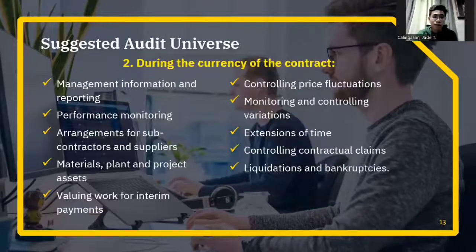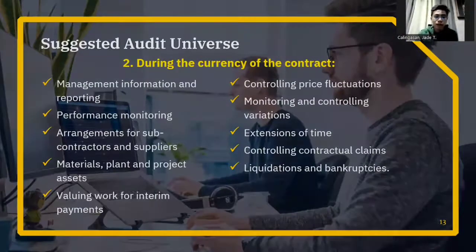And yung next naman is yung during the currency of the contract. Management information and reporting, performance monitoring, arrangement for subcontractors and suppliers, materials, plant, project assets, valuing work for interim payments, controlling price fluctuations, monitoring and controlling variations, extensions of time, controlling contractual claims, and liquidation and bankruptcies.